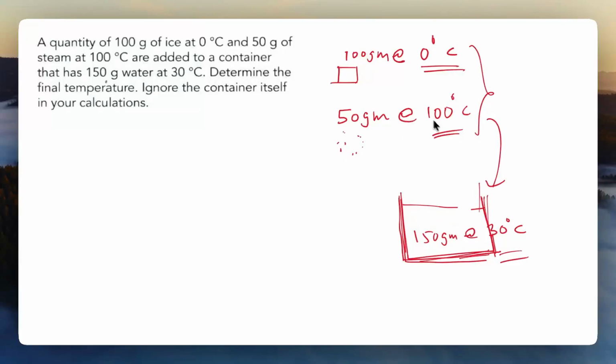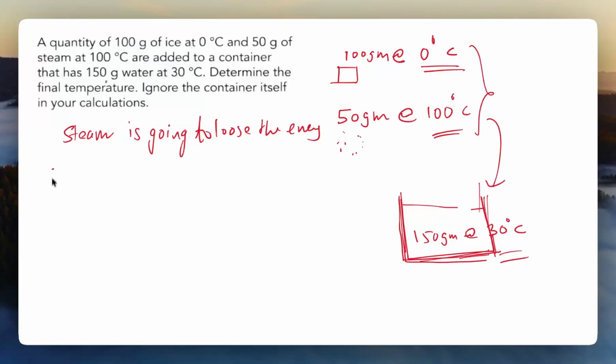So let's say there's some final temperature, right? Surely the steam is the highest temperature, so that is going to lose the energy, right? And the other parts are going to receive the energy.